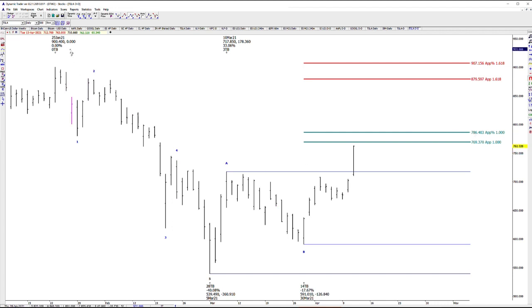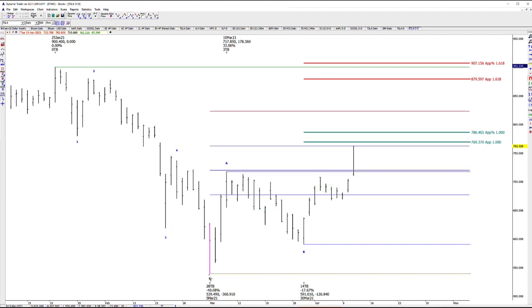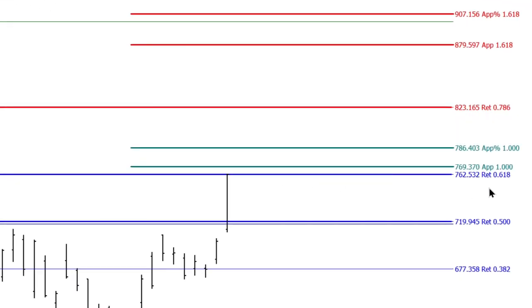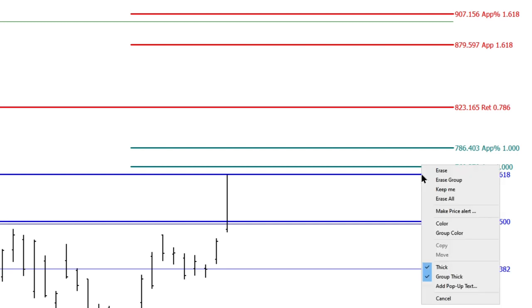And then, of course, I'd want to do the basic retracements, internal retracements. Those are really important. And look where the market is now and where the 62% retracement is. It's right near the 100% alternate price projections. So I can just keep that 62%. 78.6% is out here by itself.